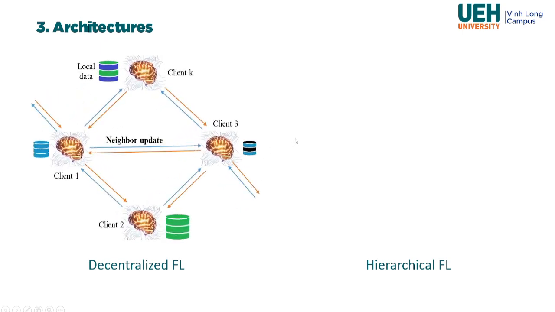Because centralized federated learning may cause a very high communication cost on the whole system, in decentralized federated learning, instead of sending the model update to the server, the client exchanges the model update with its neighbors, just neighbors. So it reduces the communication cost.